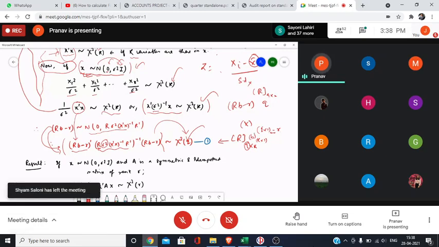So my rb minus r is a statistic which is a normally distributed random variable with mean 0 and variance this. If I have to write this in the sum of squares form, what I do is take its variance, invert it, and then pre-multiply and post-multiply the transpose of the vector. That's it.